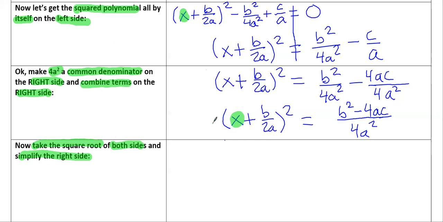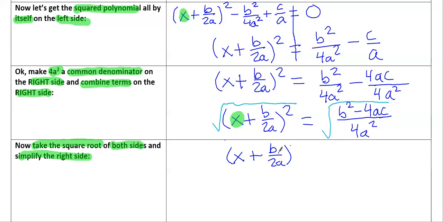So if I go square root, I'm using this cool blue color, I guess. Okay, I didn't mean to do that, but that's the way it worked out. Okay, if I take the square root of both sides, what's going to happen is I'm going to get, my pen has fully stopped working. Okay, x plus b over 2a. Now the squared has gone away, right? The squared's gone.